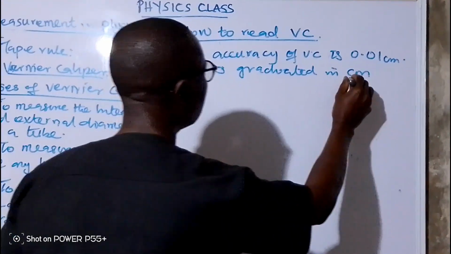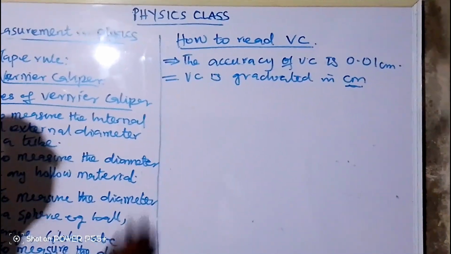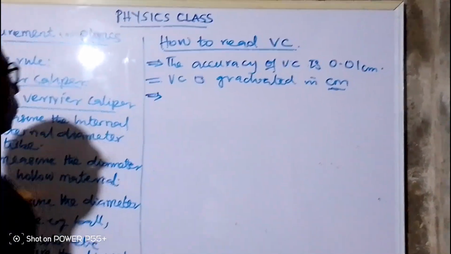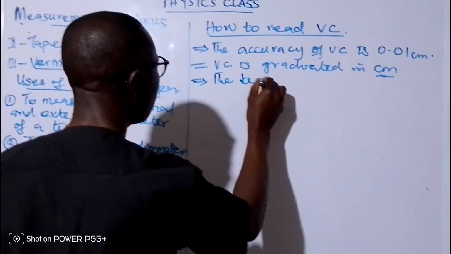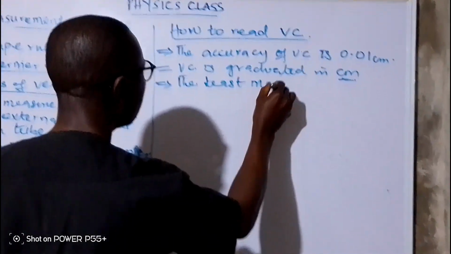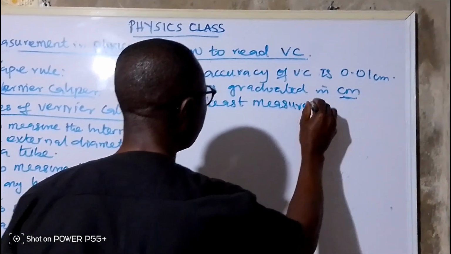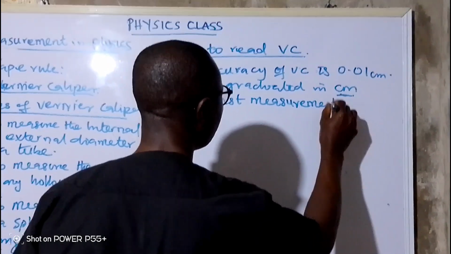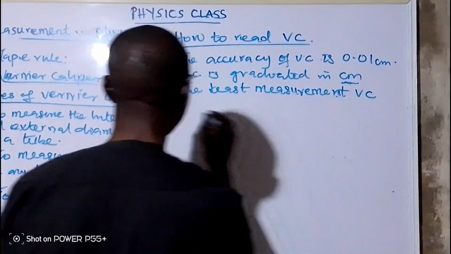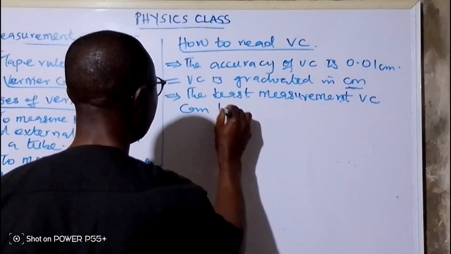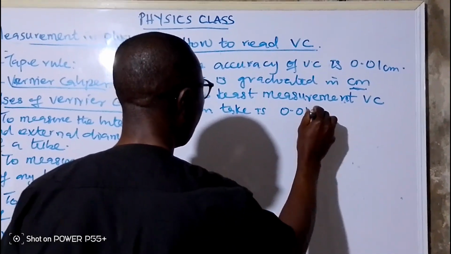Then the least measurement vernier caliper can take is 0.01 centimeter.